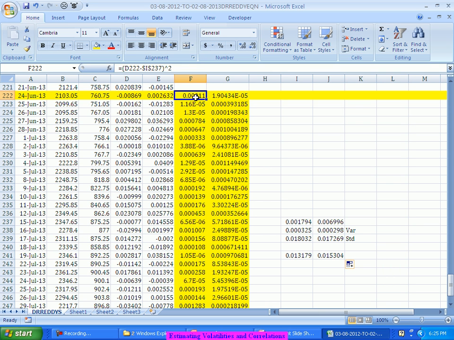You assume that as 0, which means the variance comes out as every value minus 0, whole squared, which is nothing but the return squared. The average of the return squared is what we call variance.